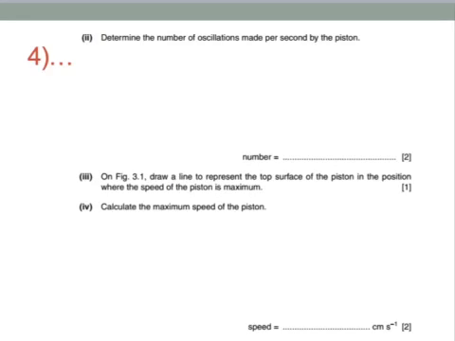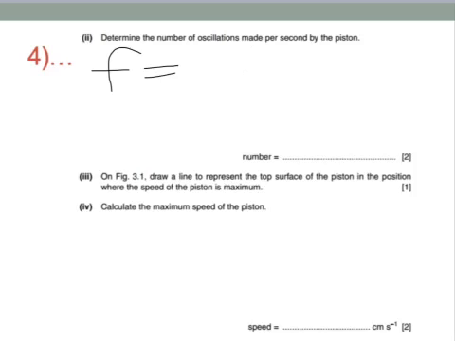Part 2, determine the number of oscillations made per second by the piston. In other words, they're asking us to find the frequency. Now we know that is equal to 2 pi, sorry, that's not quite correct, is it? Oops. That is not correct.